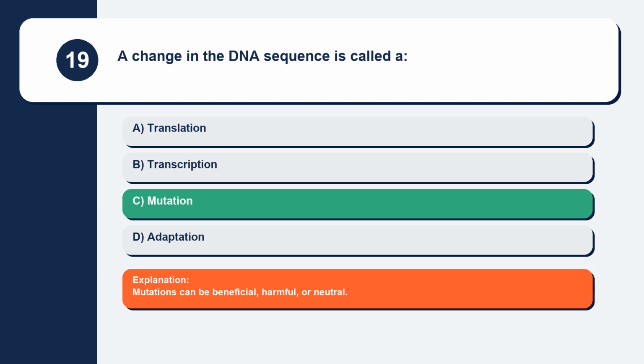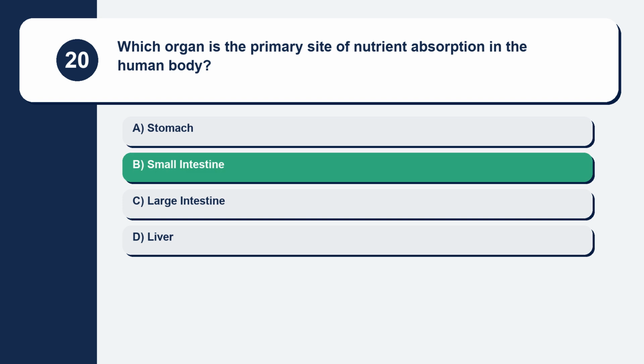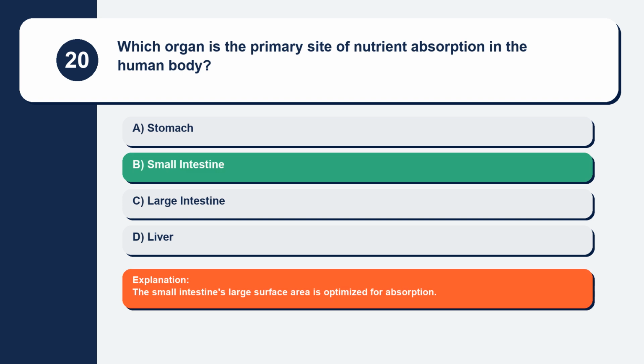Mutations can be beneficial, harmful, or neutral. Question 20. Which organ is the primary site of nutrient absorption in the human body? Stomach, small intestine, large intestine, liver. The small intestine's large surface area is optimized for absorption.